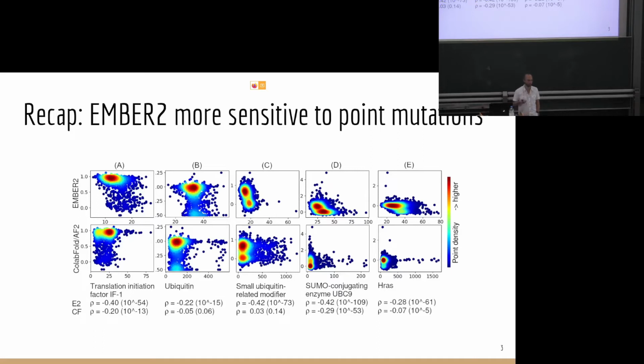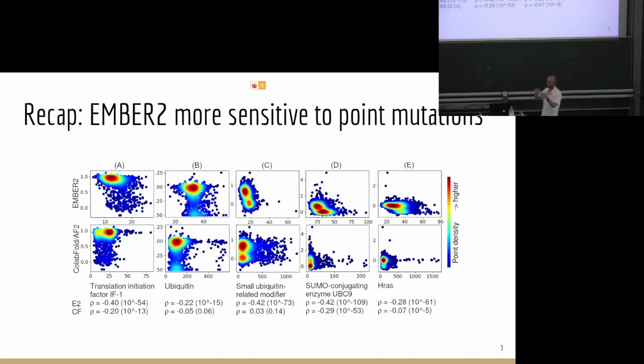So for example, we could do something like mutation effect prediction, where we take a protein and predict the structure for this wild type version of the protein as we observe it in the organism. Then, since we're so fast, we can also produce structure predictions for every point mutation you could introduce into that sequence, and see what is the difference between the predicted structure for the wild type and for the mutant.